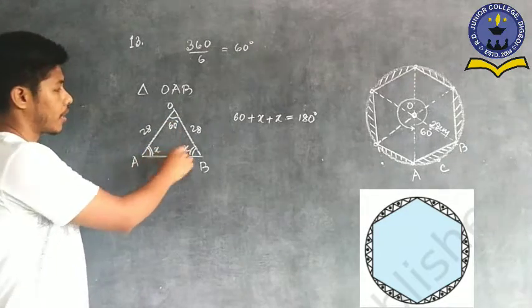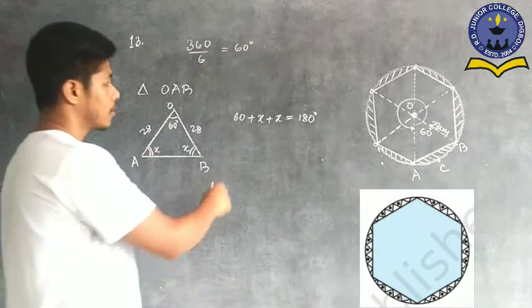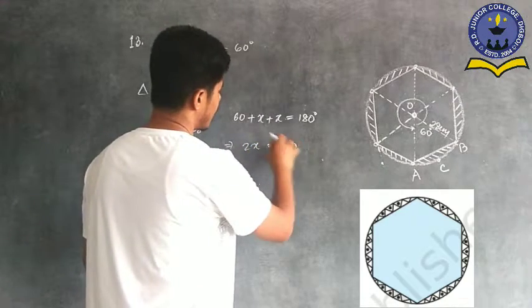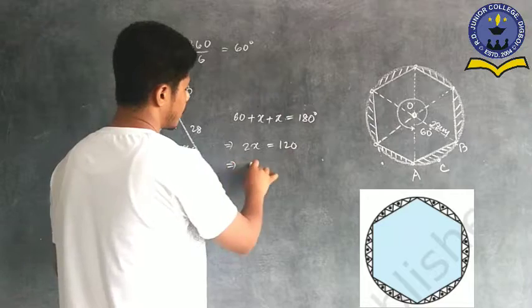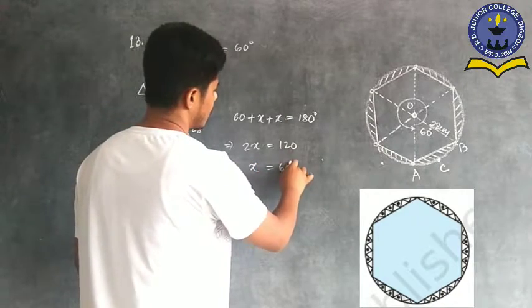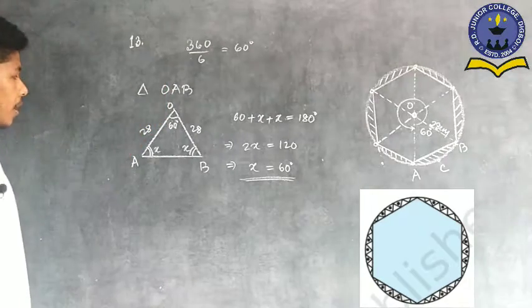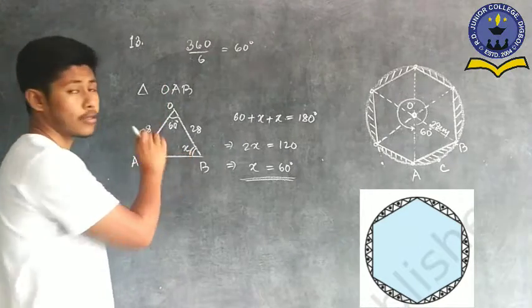From here, 2x equal to 120 degrees. If you shift this 60 here, ultimately x equal to how much? 60 degrees. So x equal to 60 degrees. So this one is also 60, this one is also 60.